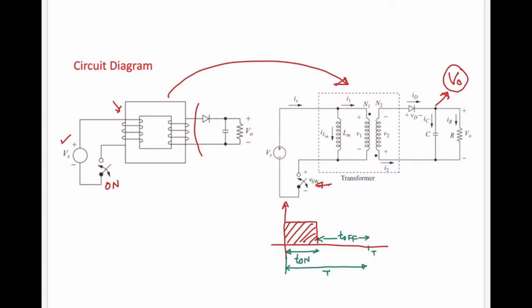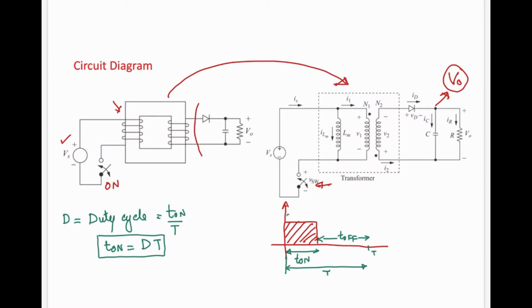So we define a term, duty cycle. The duty cycle is the ratio of the on time to the total time. Let's represent this duty cycle with D. So T on will be equal to D times T, where D is the duty cycle of your switch.